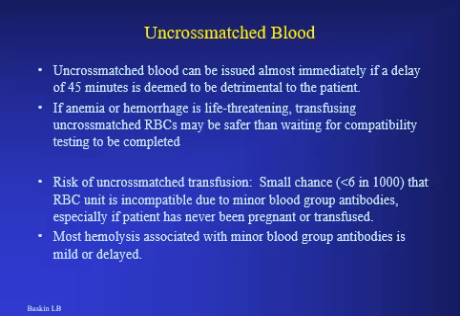There's a small chance that the red cell unit could be incompatible due to minor blood group antibodies, but as we mentioned, this is very unusual, and especially if one's never been pregnant or transfused. And even if there were antibodies to the minor blood groups, hemolysis is usually mild or delayed in these cases.